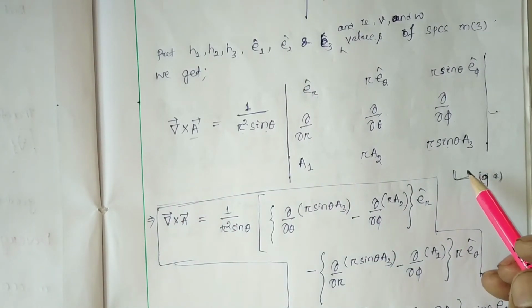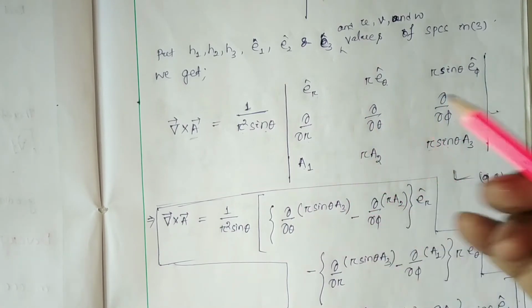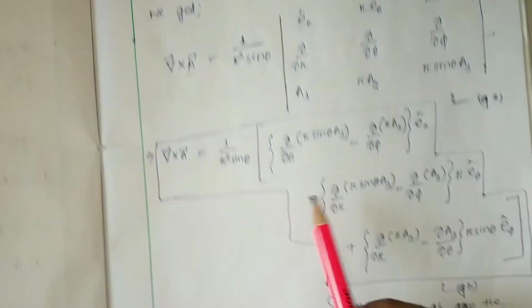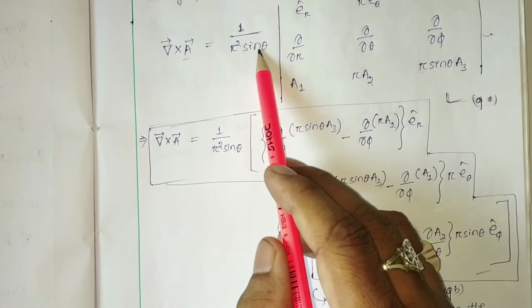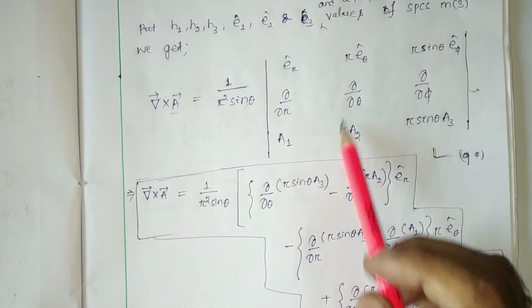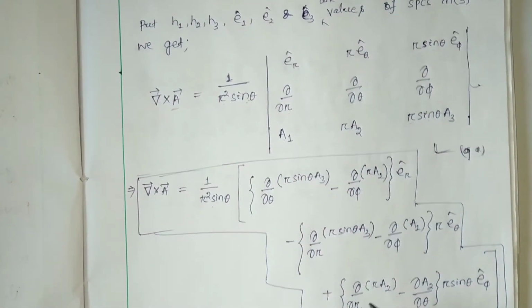If I represent this matrix format in another way, 1 by r square sin theta is here, and each and every term I have evaluated.